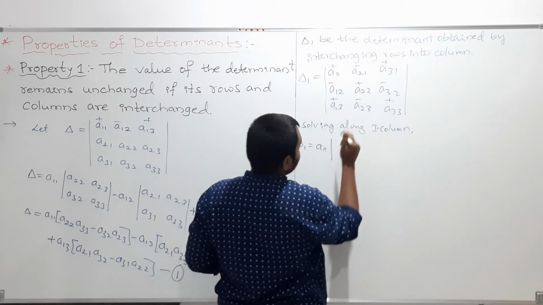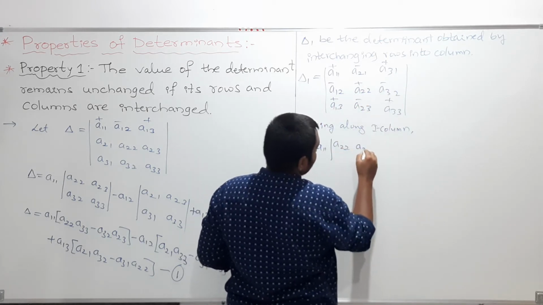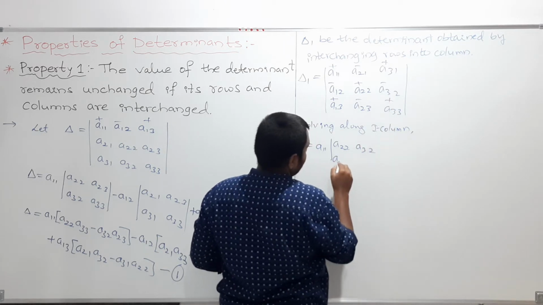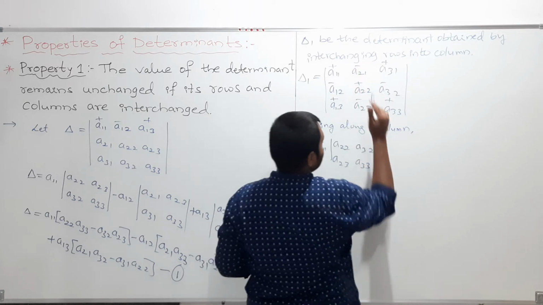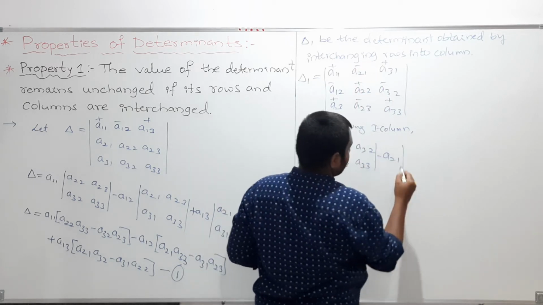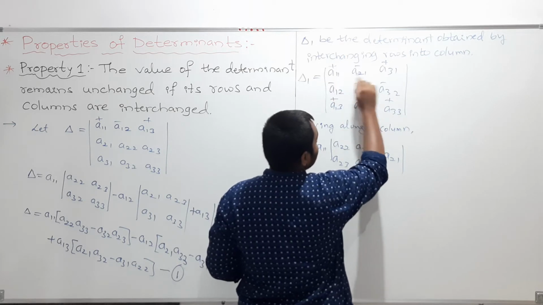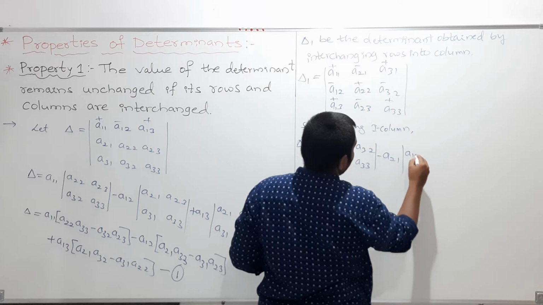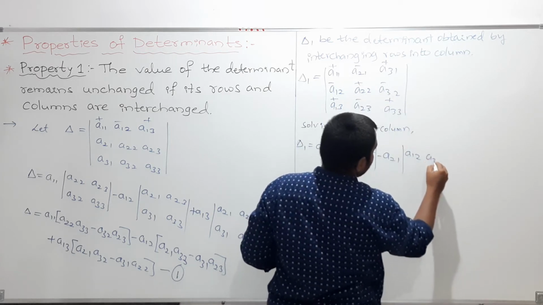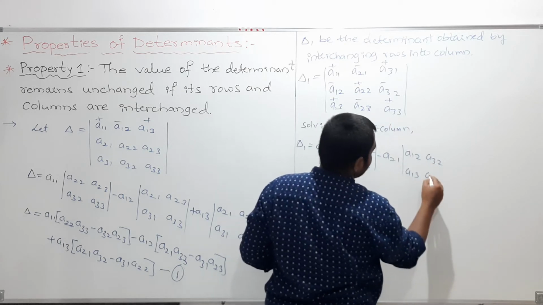The determinant of the remaining elements is A22, A32, A23, A33. Next, minus of A21. Leaving the row and column containing A21, the remaining elements are A12, A32, A13, A33.